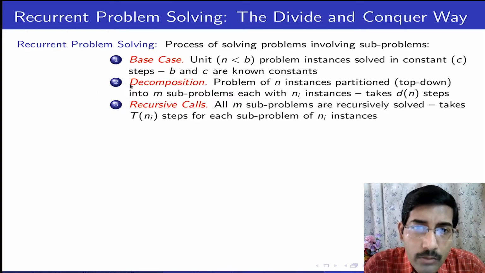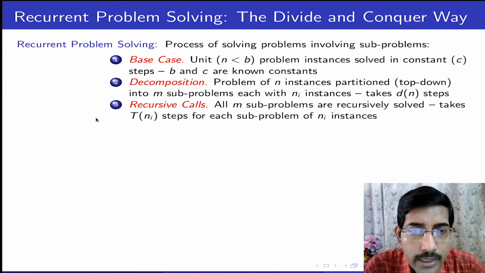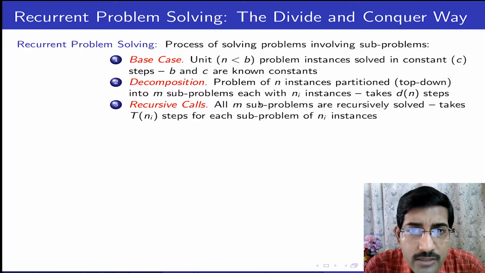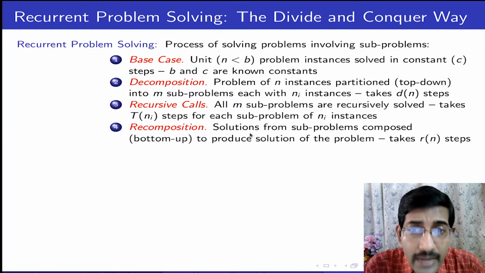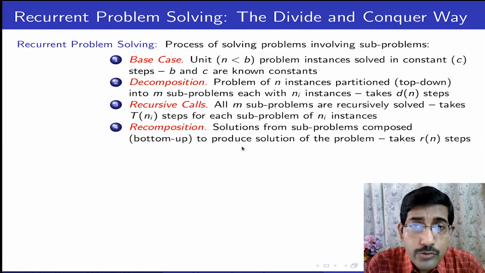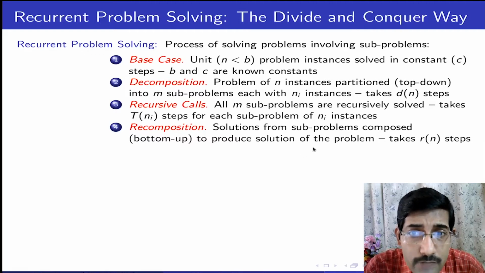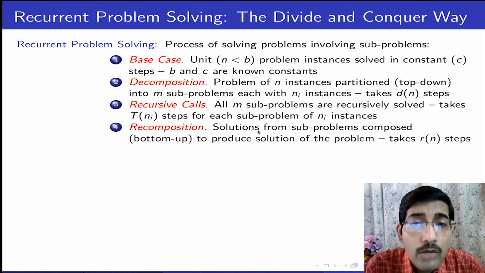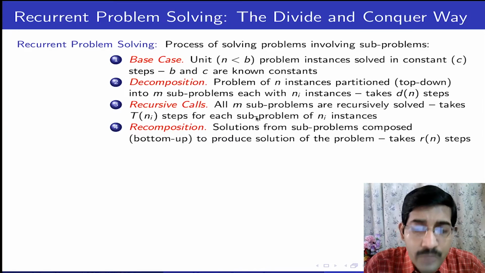Recursively means that you again decompose, again call the recursive routine, again decompose, again call the recursive routine, until you hit upon very small instances of the problem, which are known as the base cases. And finally, we compose the solutions that are produced. Base cases produce the unit level solutions, which, when the previous recursive call finishes, come back and you compose them and grow up.